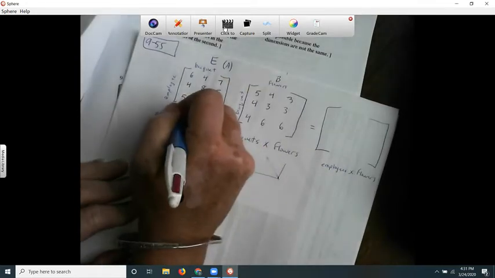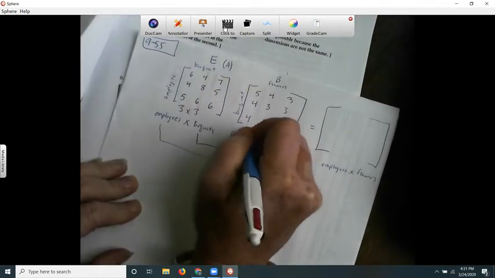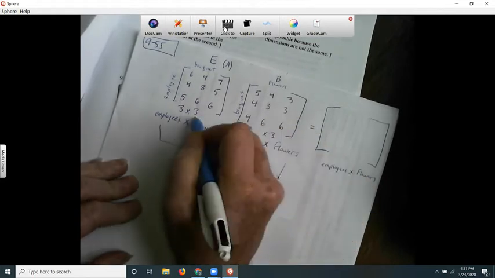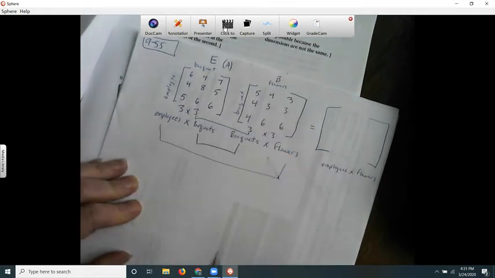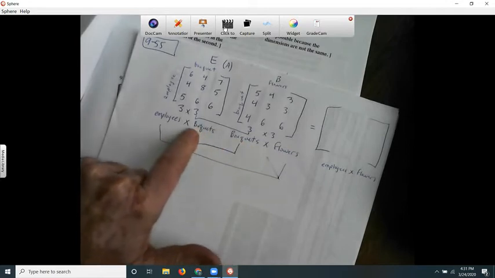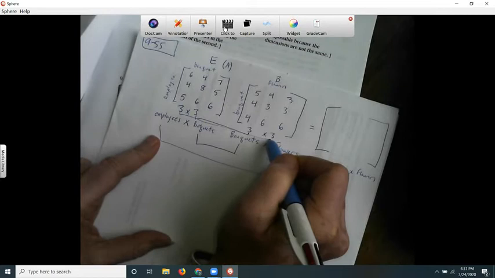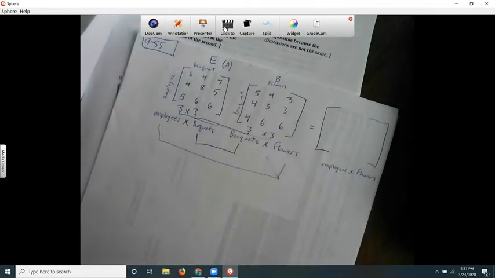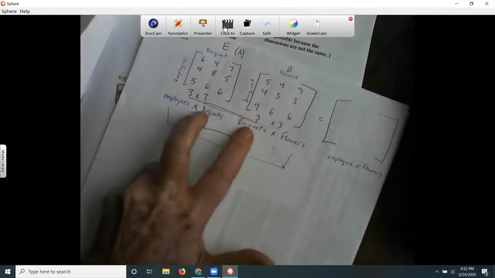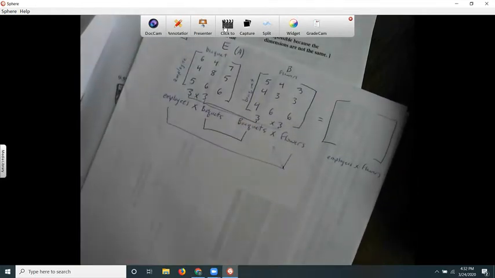I already kind of told you that if I have a 3x3 and a 3x3, and these two match, then your product matrix will be these outside two. But what I didn't tell you is when there's a context to these, you want to pair these up so that they're the same thing.